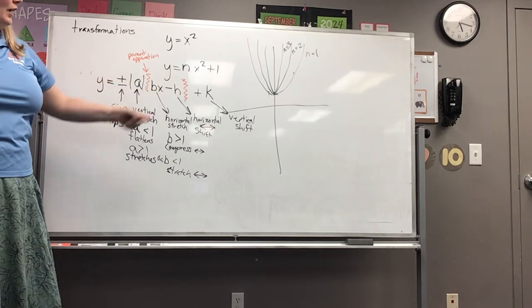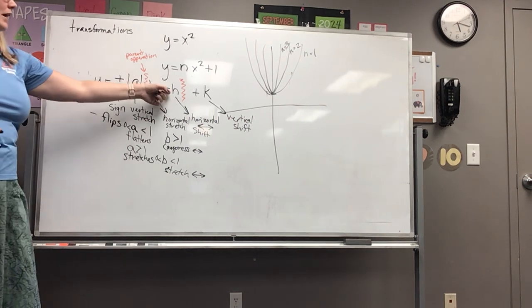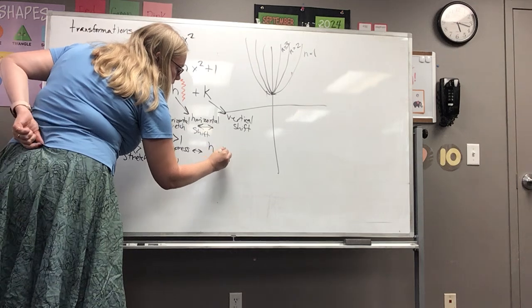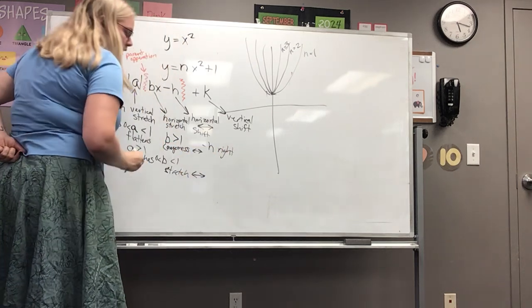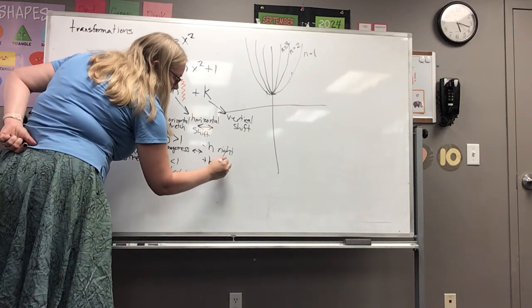And then H, horizontal shift, again, this is going to be the exact opposite. If it's minus H, it's going to go H right. If it's positive H, it's going to go H left.